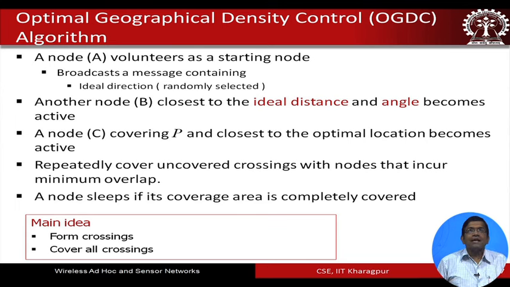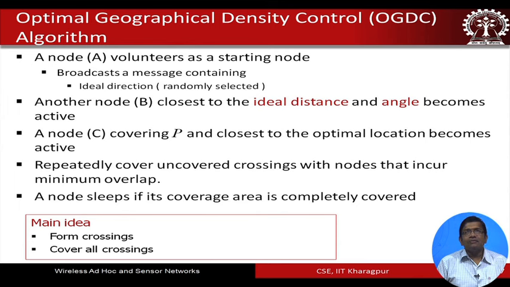So, the OGDC algorithm has been proposed. I am not going to go through it in detail, the corresponding reference is there. It was proposed by Zhang and Hu in 2005. A node A volunteers as a starting node and broadcasts a message containing the ideal direction, and that direction is randomly selected. Another node B closest to the ideal distance and angle becomes active.